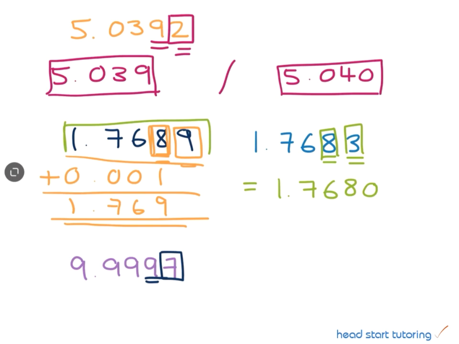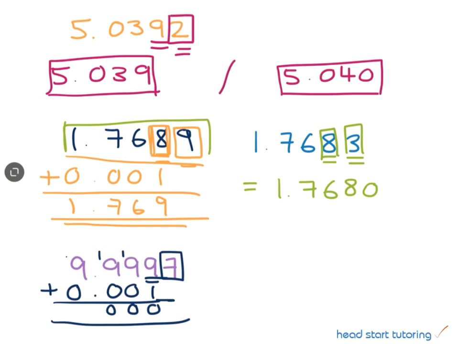So what we are going to be doing is adding 1,000th to this number. So we add 0.001, which is our 1,000th, and that's because we are rounding our number up. So we end up with 9 plus 1 is 10, and 10, 10, bring down our decimal point, and 10. So we end up with 10.000, or just 10 wholes.